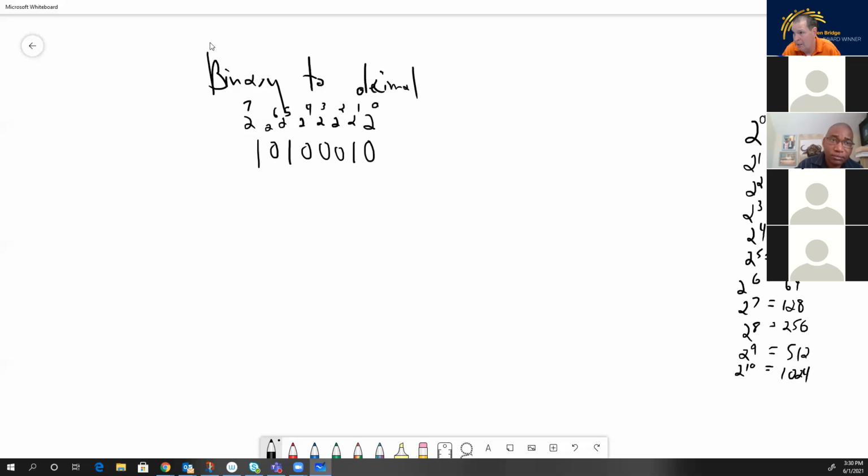When I look at this binary number, 10100010, the method to convert from binary to decimal is you look at the positions that are turned on and add those values together. So 2 to the 7th is 128, plus the 64 position is not turned on, so 0, plus 32 because the 2 to the 5th position is turned on, plus 0 at the 16, plus 0 at the 8, plus 0 at the 4, plus 2 because the 2 position is turned on, plus 0 because the 1 position is not turned on.